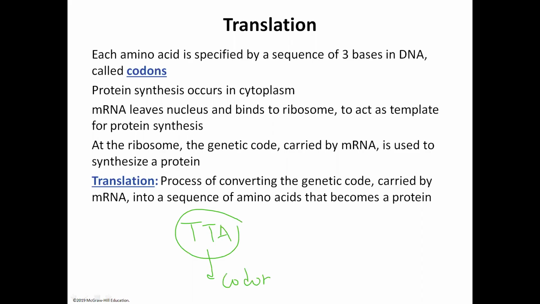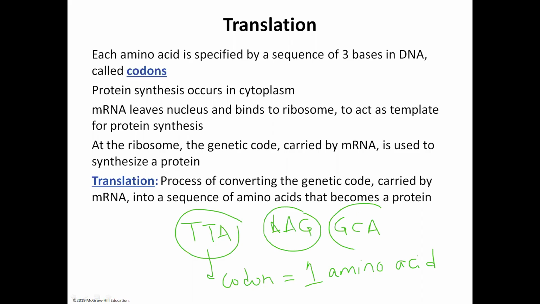And this one codon represents one particular amino acid. And if you had AAG or GCA, this is a codon, this is a codon. They all specify a particular amino acid. And when we string them together, this is what allows us to actually start producing our protein.